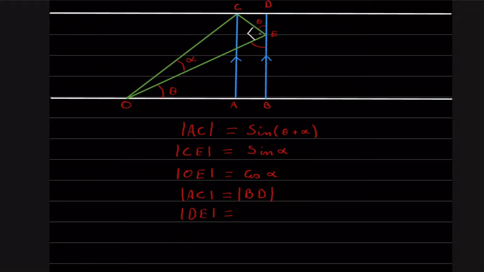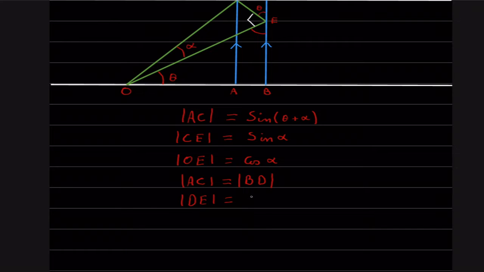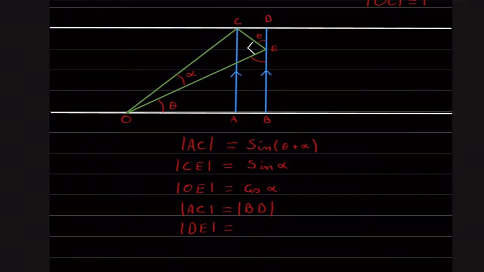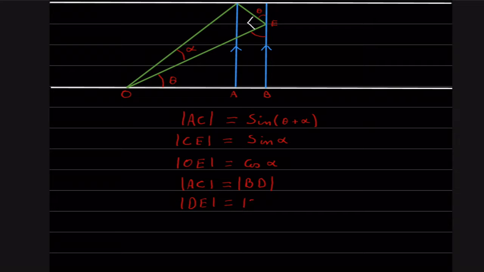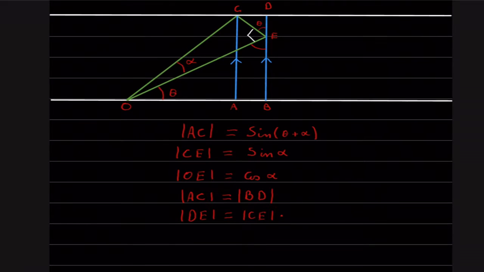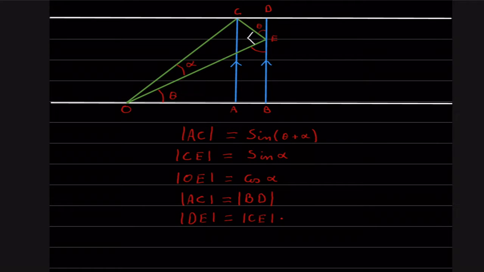This is the hypotenuse. This of course will be a right angle triangle over here. So that would mean that DE is equal to the length of CE times cos theta.